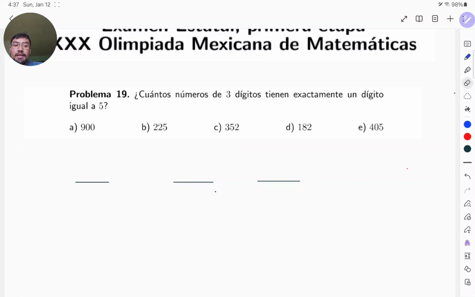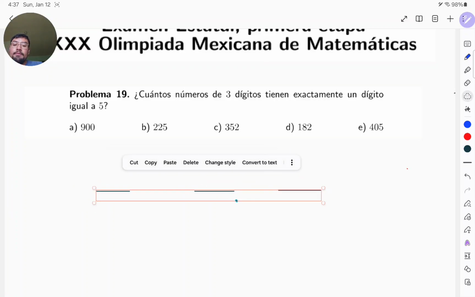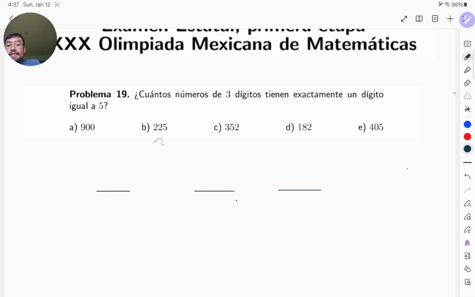And the third case is when the 5 appears in the third position. Let's break this problem into 3 cases. This is case 1.